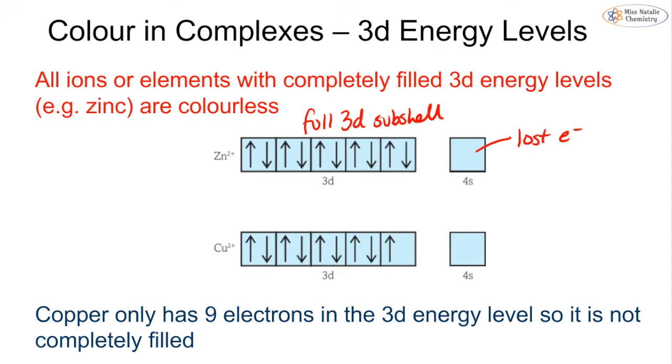If we compare that to copper, copper only has 9. So this zinc is colourless due to the fact that it is a completely filled 3D orbital, whereas copper is blue, and it is to do with the fact that we have this space in our 3D energy level, and we're going to explain why this actually happens.